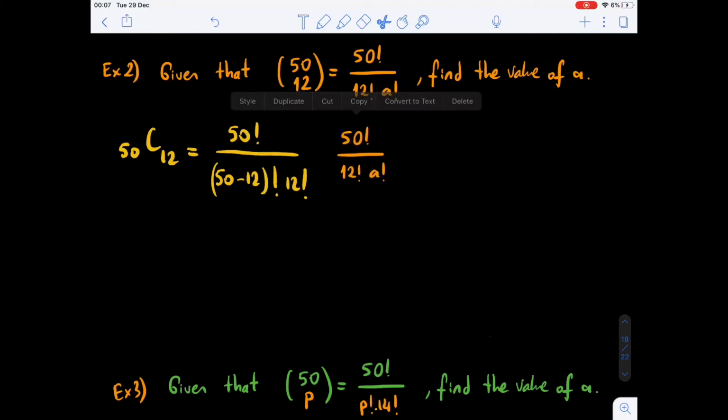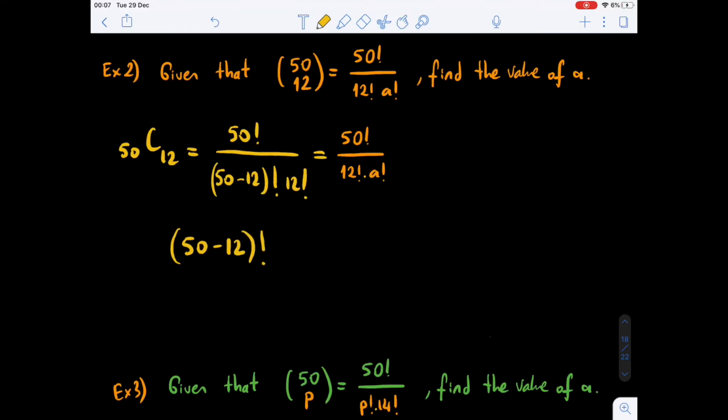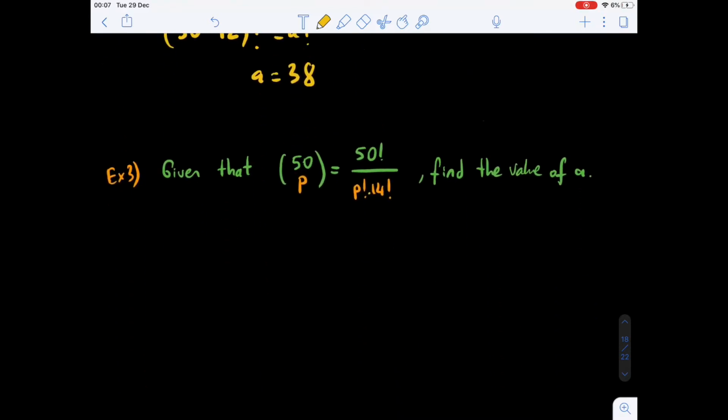It is equal to 50 factorial over 12 factorial times a factorial. And you can easily see that 50 minus 12 factorial equals a factorial. A equals 38.